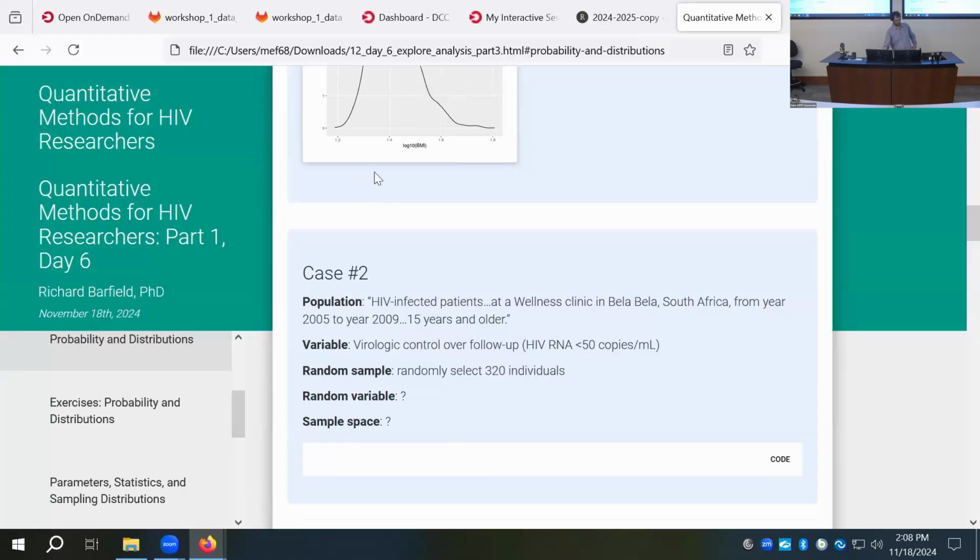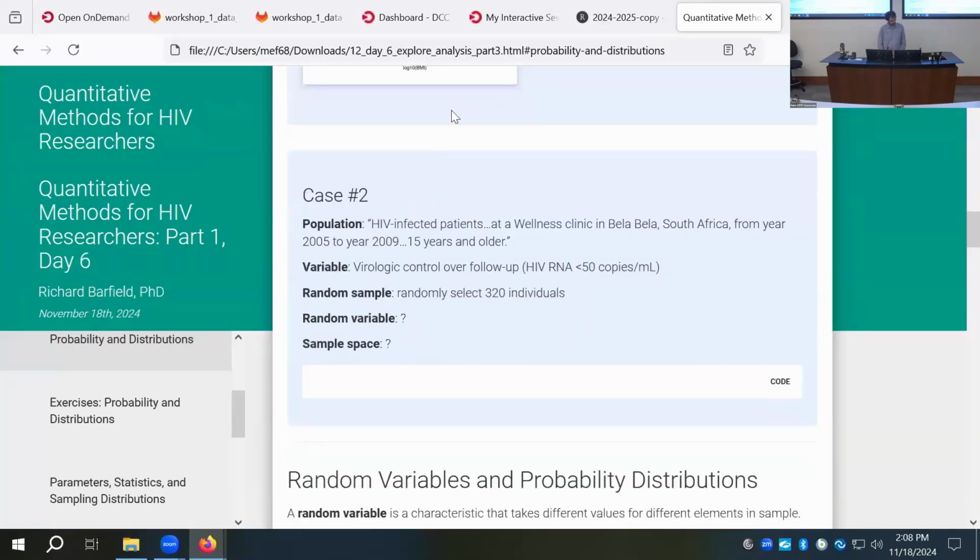So what's the random variable here? There's some specific thing about the individual that we're interested in. The variable is whether this control variable is what we're interested in.